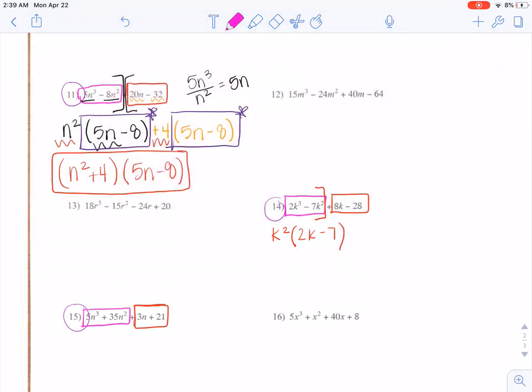Well, if I go ahead and switch and go to my second group, what can I take from 8 and 28? I can take a 4, okay? So I have plus 4 times 2k minus 7.